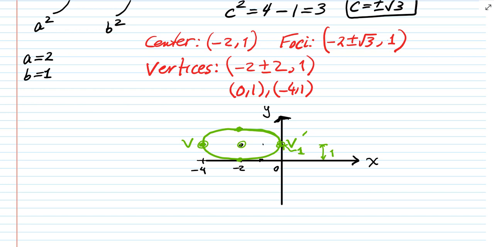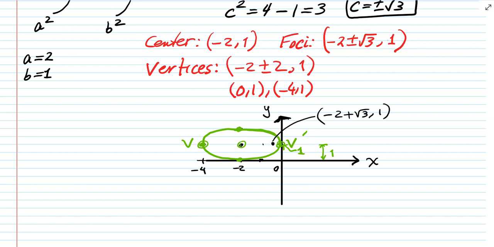Okay, now where are the foci? Well, the foci are at -2, and then I go to the right square root of 3, to the left square root of 3. Square root of 3 is about 1.7. So -2 plus 1.7 puts me near the vertex here. So there you go, here's one point: -2 plus √3, comma 1.